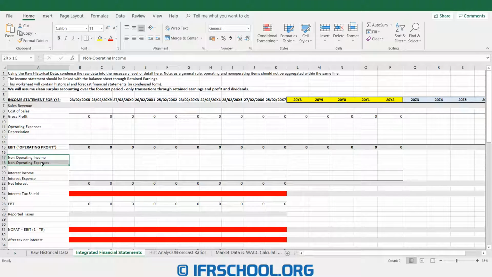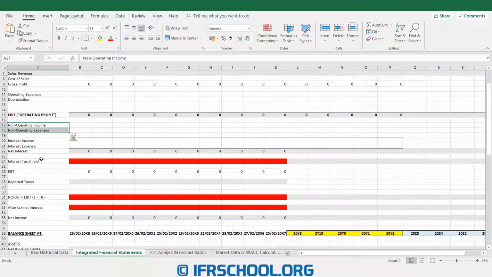Depreciation expense is followed by non-operating income and non-operating expenses. These accounts will include any income and expense items from the historical financial statements that relate either to non-core activities of the company or are non-recurring in nature. These line items are followed by interest income and interest expense.